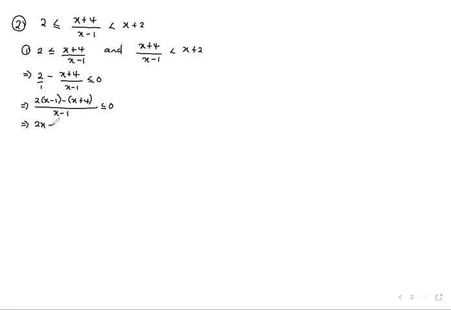So we have 2x minus 2 minus x minus 4 over x minus 1 less or equal to 0. 2x minus x, we get x. -2 minus 4, we get -6. And then over x minus 1 less or equal to 0. Critical values, no cross multiplication.